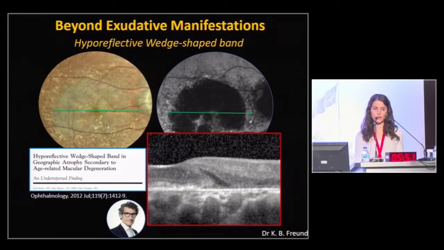But this was described by Dr. Jordi Monés as a hyperreflective wedge-shaped band, and it's always located at the edge of the area of atrophy. Always seen as hyporeflective and with a wedge shape.